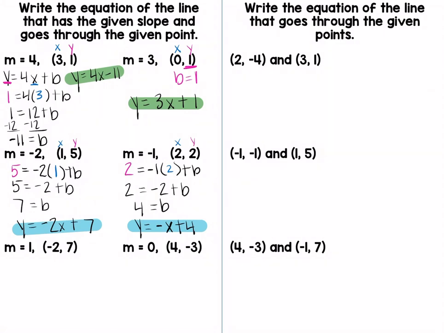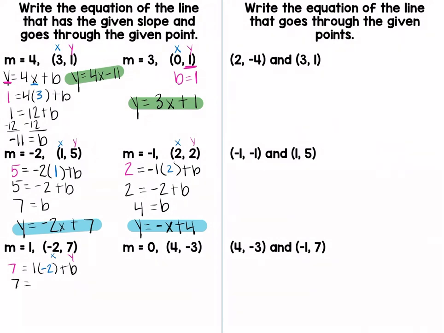Okay, then the slope is 1, and you have negative 2, 7. So we have, remember, x, y. So y, 7, is equal to the slope times the x value, negative 2, plus b. So we want to find the b value.